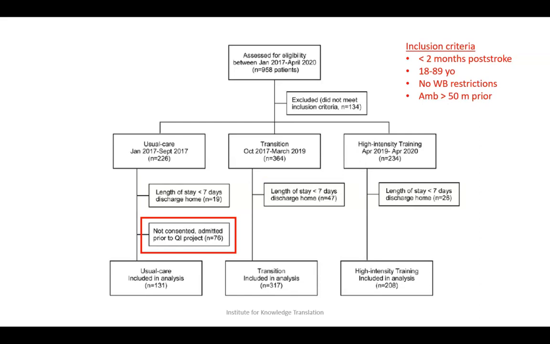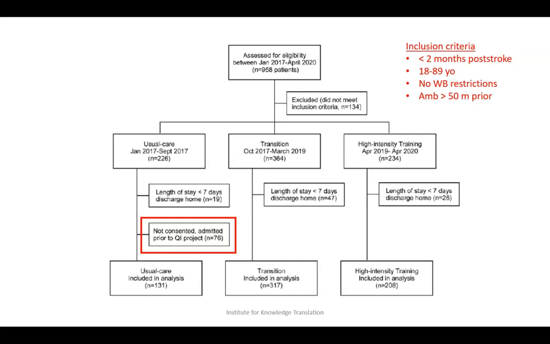The one other subset of individuals that were excluded from the study were those in the usual care phase prior to starting the quality improvement project. So when this project first started, it was a research project, and we had to consent everyone whose data we wanted to use in this study, even in the usual care phase.